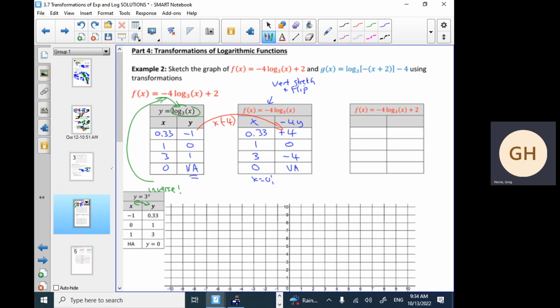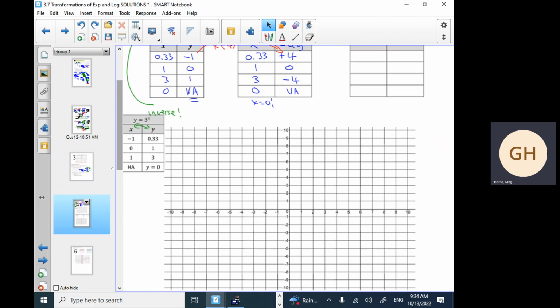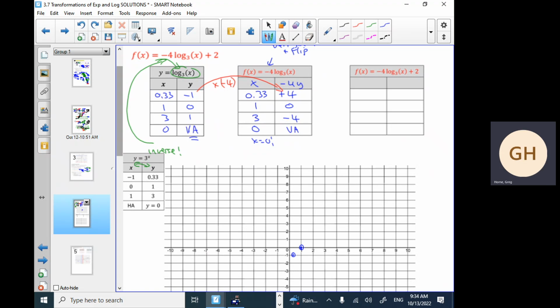On the paper copy, I looked at it written the other way. This is better. All right, so let's graph some stuff and graph the original transformation. Original: we need to go over to x 0.33, down 1. And then 3 and up 1.